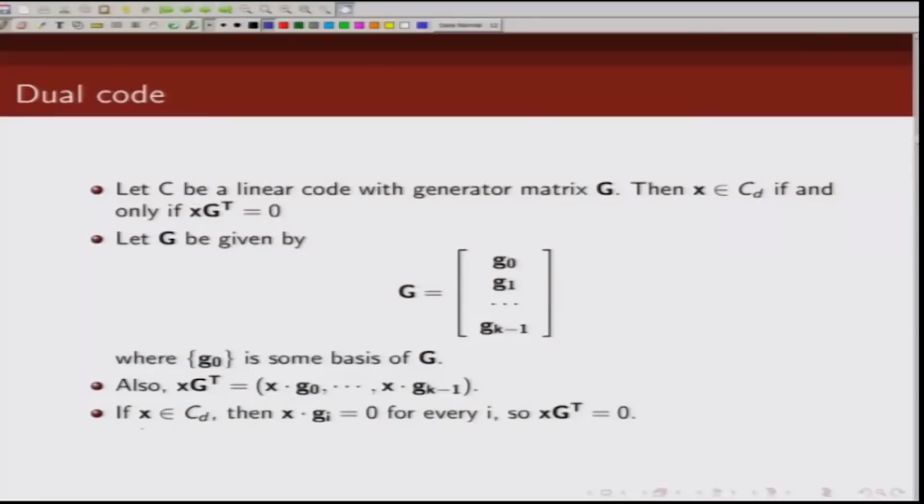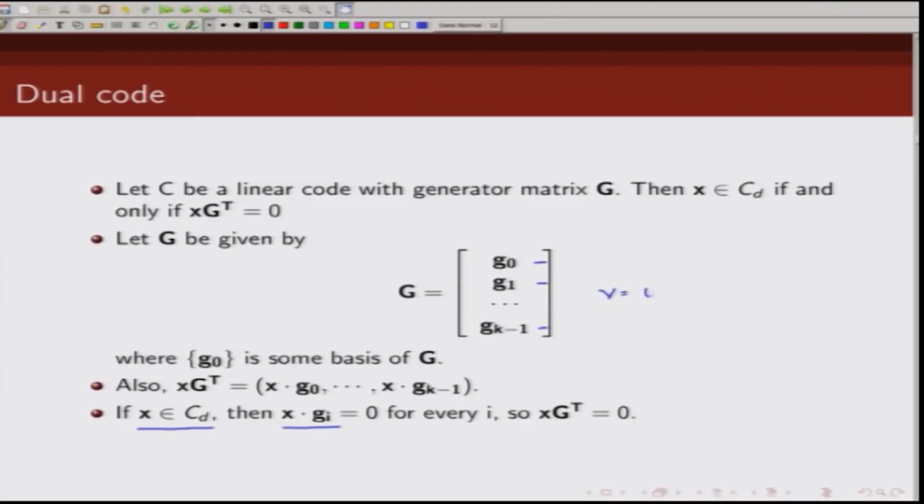Now, we know that if X belongs to the dual code, then the inner product of X with Gi should be 0. Why? Because the original code is generated using these generator sequences G0, G1, G2, up to Gk minus 1. Any linear combination of these G0, G1, G2, up to Gk minus 1 will give me my coded sequence.